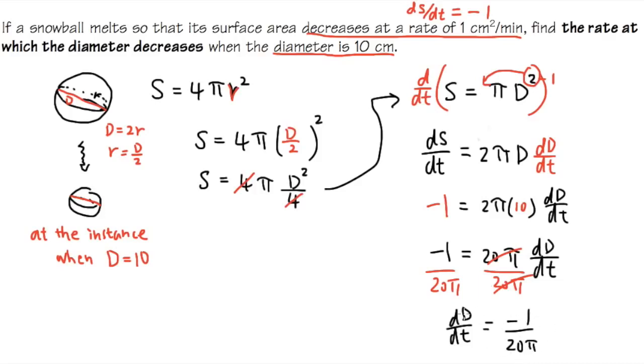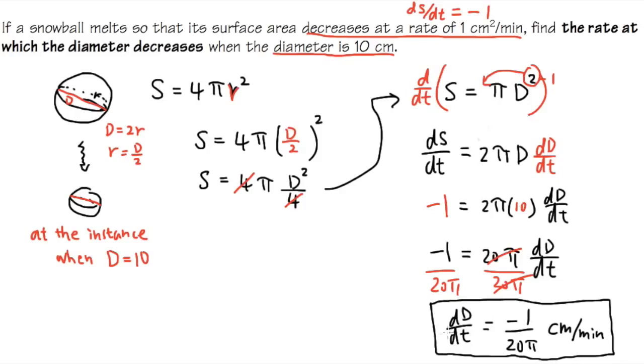We know it's a diameter, it's a centimeter, so we can put down centimeter per minute. And this is a totally okay way for you to answer the question. So you can write down dD/dt is equal to -1 over 20 pi, and then put a unit, centimeter per minute. This negative sign is because the diameter is getting smaller. Anyways, that's it.